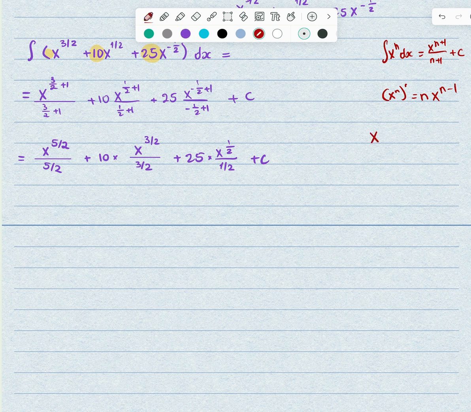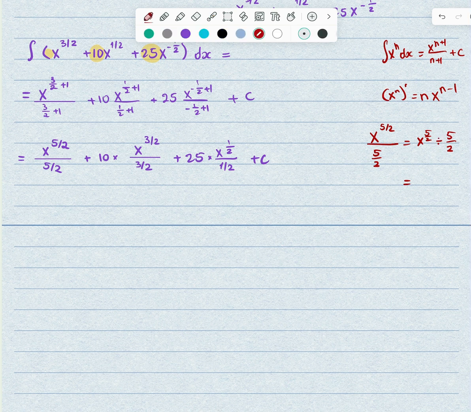So if we have x to the power of 5/2 divided by 5/2, this is the same as dividing x to the power of 5/2 by 5/2. Instead of this fraction bar, we're writing a division sign in between.